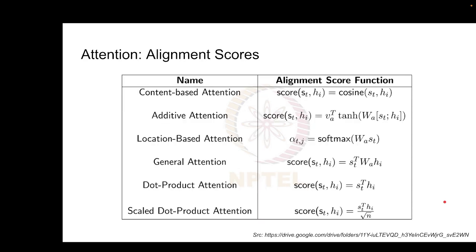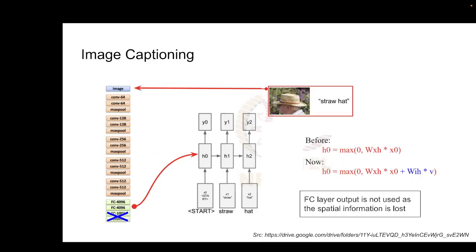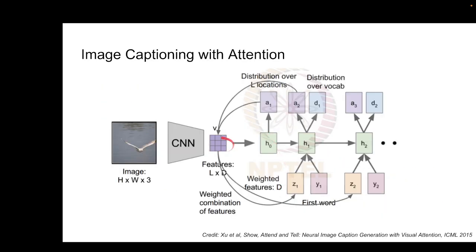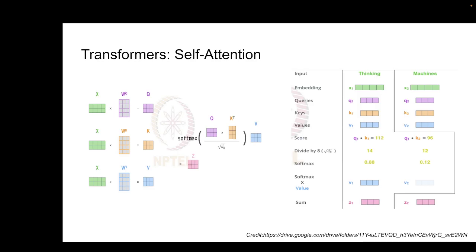Similarly in image captioning, the picture that we saw here, it's attention between the individual words in the target sentence and the different parts of the image that we wanted to perform attention on. So this is what we saw as attention.